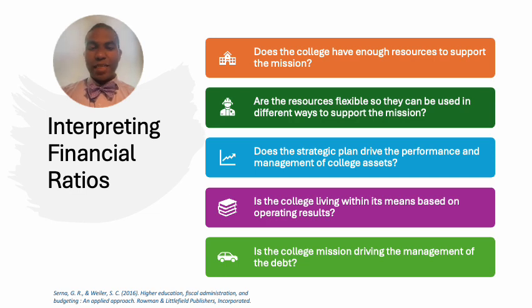Is it managing its resources appropriately based on the operating results, based on its costs and its income? Last question, does the mission of the college drive how that college manages its debt in particular?